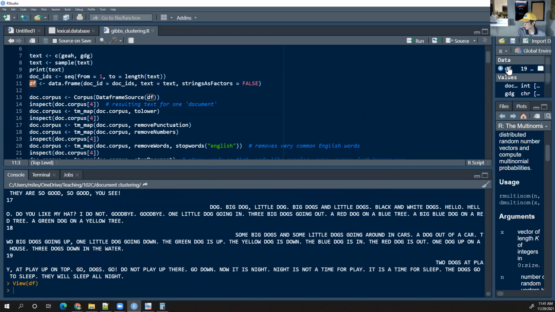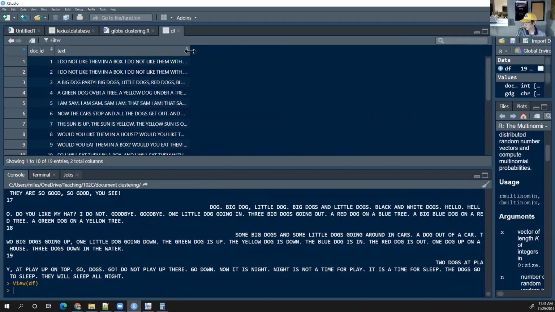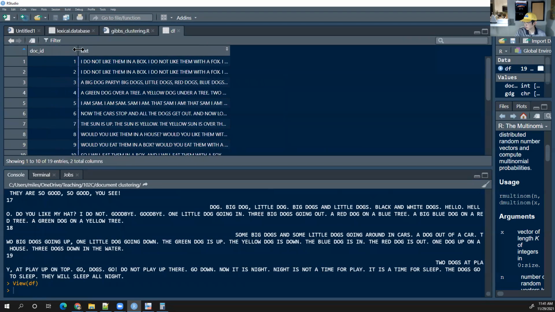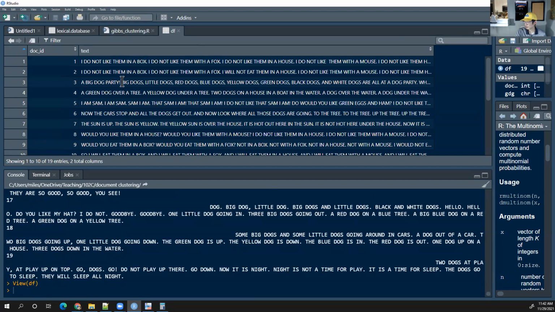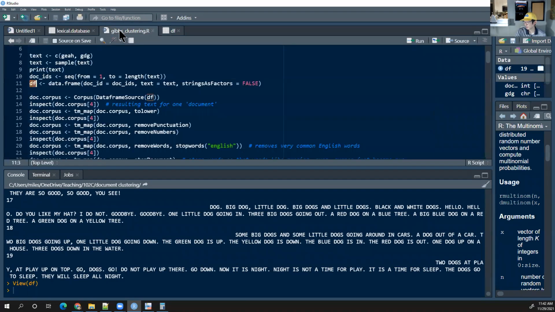The data frame is just the document ID 1 through 19 and the text, which is a bunch of things, like I do not like them in a box, or a big dog party.